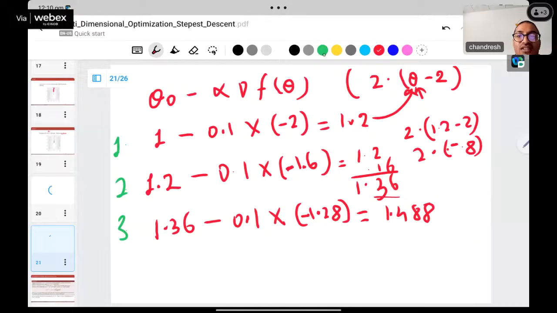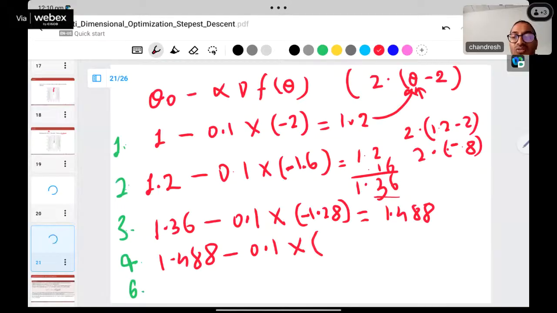Then in the next iteration, 4 and then 5. In the fourth iteration, 1.488 minus 0.1 into, here you should use 1.024, something like that. I'm just not sure.